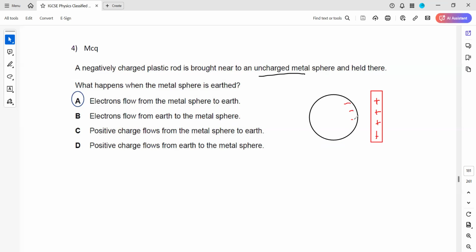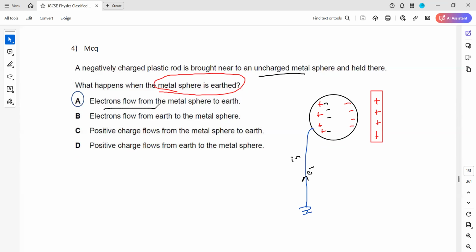The electrons will move, the negative charge moves towards one side, and the positive to the other side. What happens when the metal sphere is earthed? If we have a positive charged rod and we connect an earthing wire, in that case, what will happen? The electrons will move in, meaning the net charge on this will be negative.